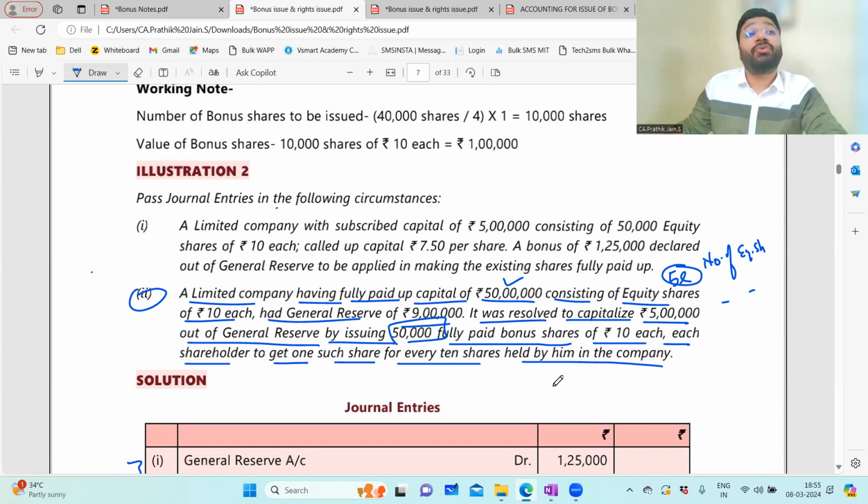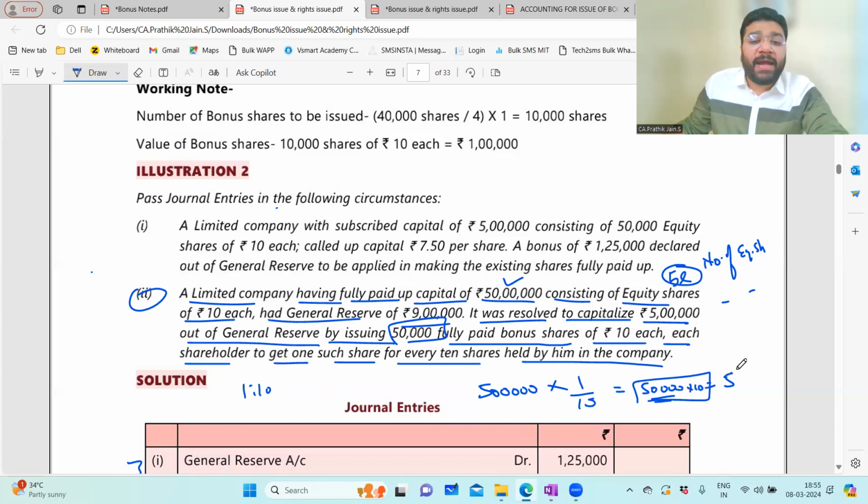So what is the bonus ratio? 1:10. How many shares are there? 5 lakh shares. Applying the ratio 1/10 gives 50,000, perfectly matching. So the bonus ratio is 1:10. 50,000 bonus shares at 10 rupees means 5 lakh rupees is the total money we are supposed to capitalize from the reserve.